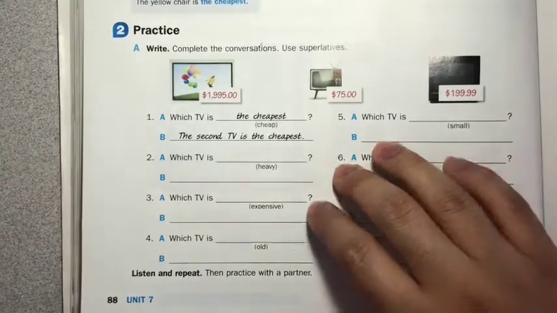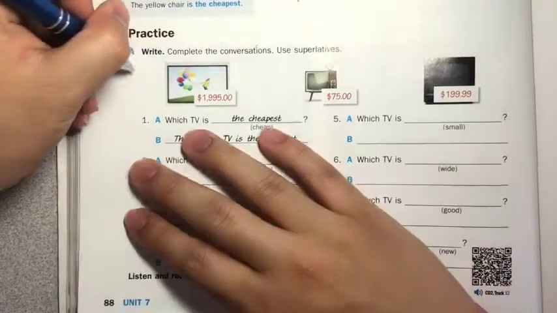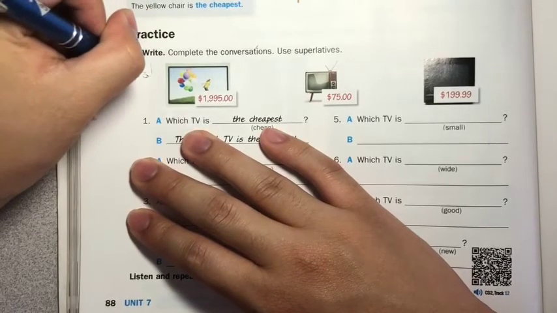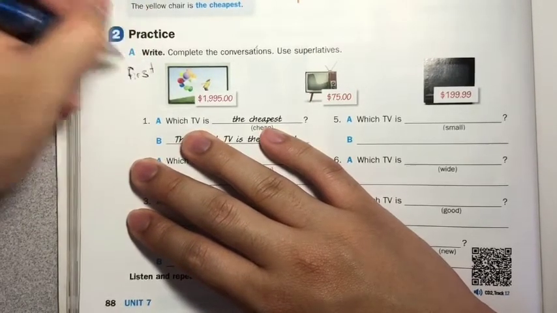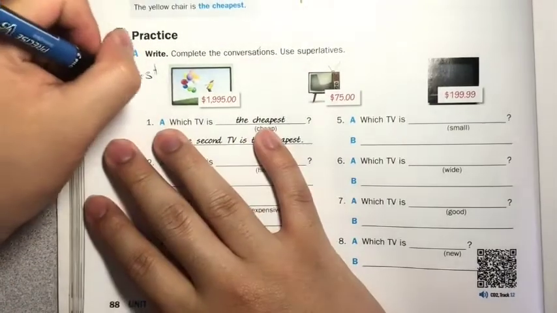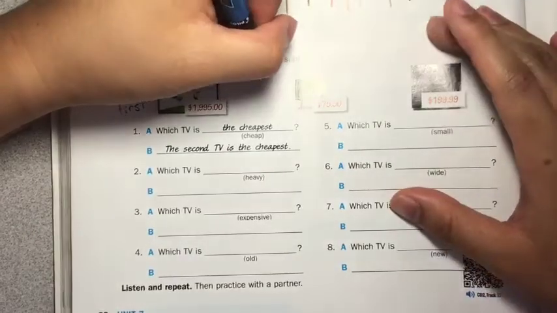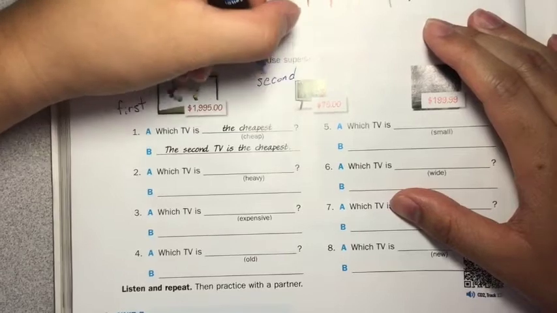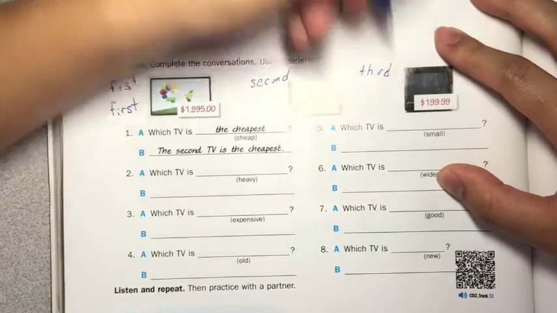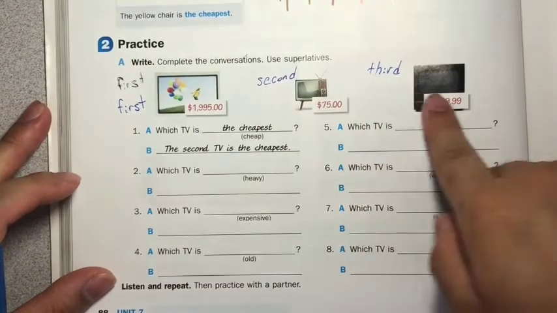Okay, so let's write the first TV, the second TV, and the third TV. The first TV, the second TV, the third TV.